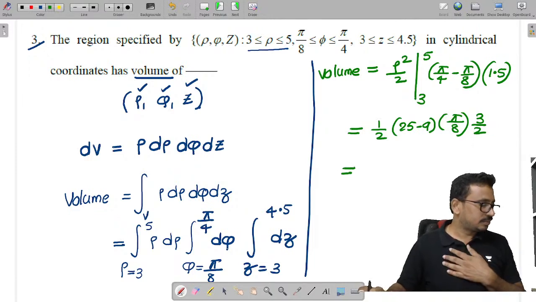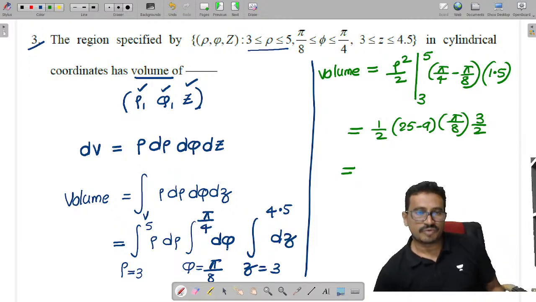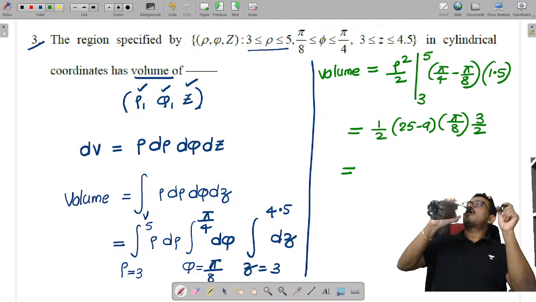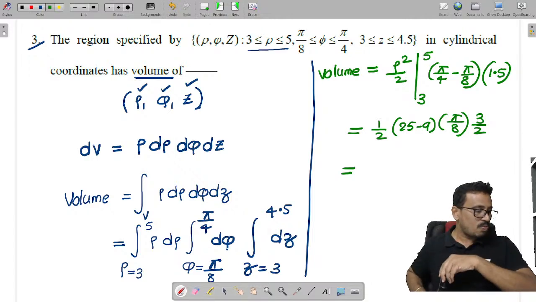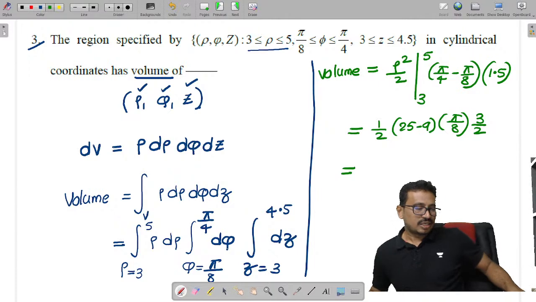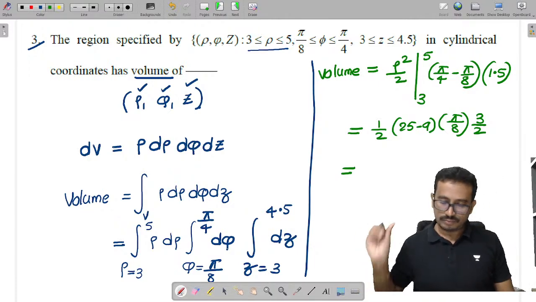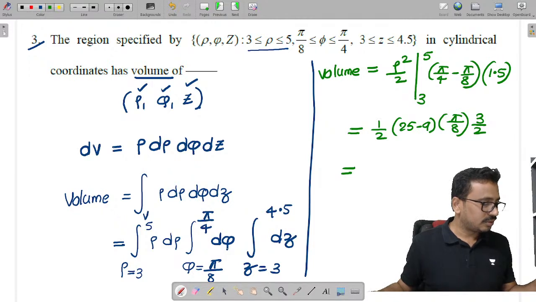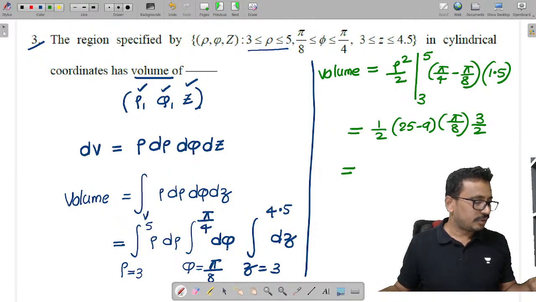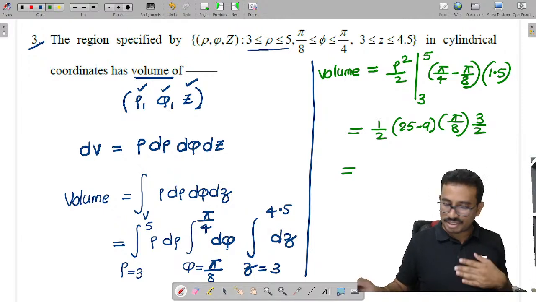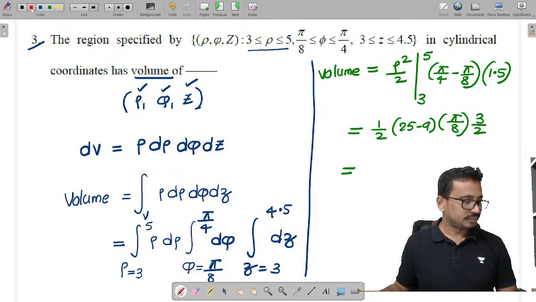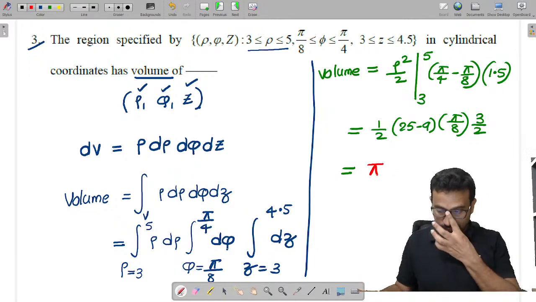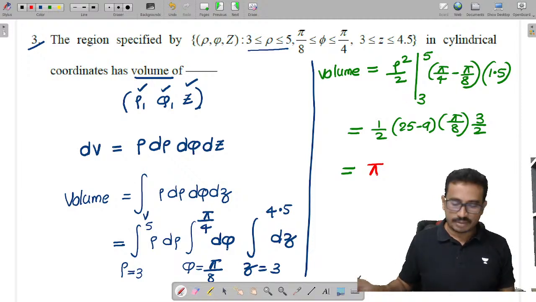How much is the answer? Final calculation you need to do carefully. What is the final answer? 3 pi by 2.